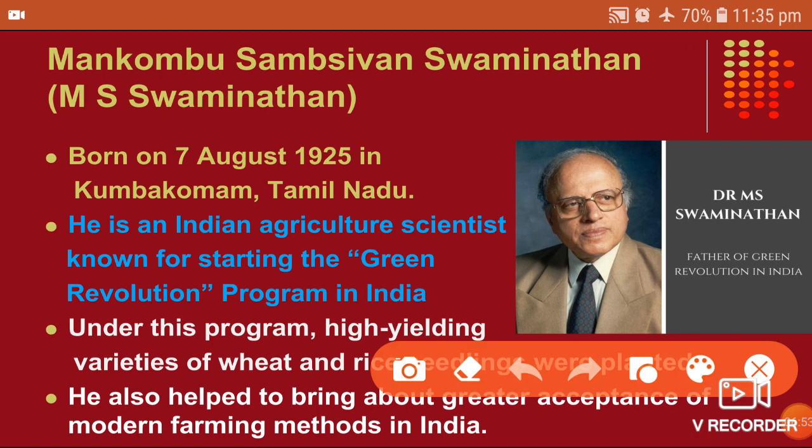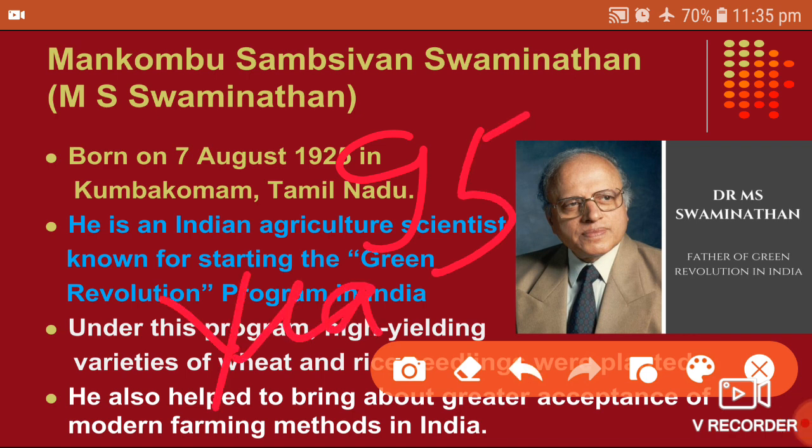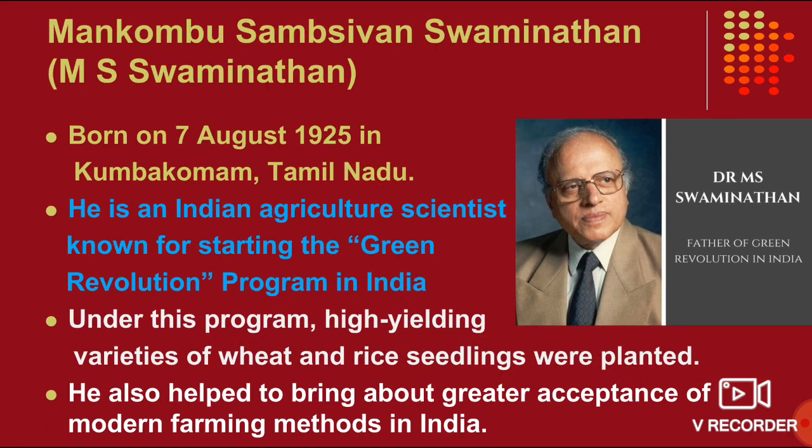He is a great scientist of ICAR, and he has played a very important role in the Indian agricultural system, and he brought the green revolution to India. That's why he is known as the father of the green revolution in India.